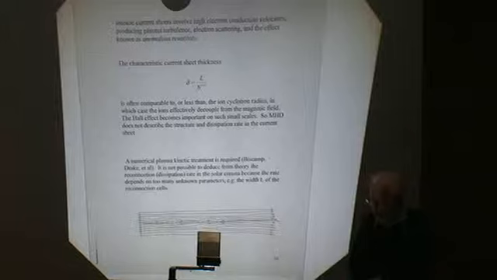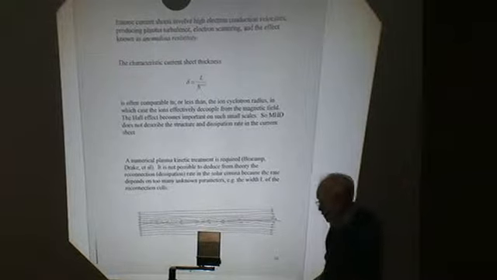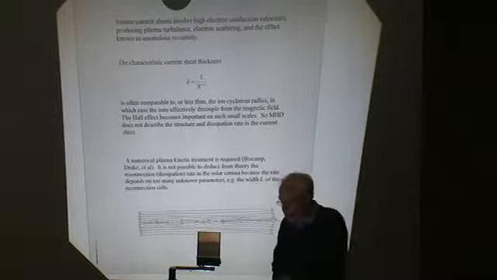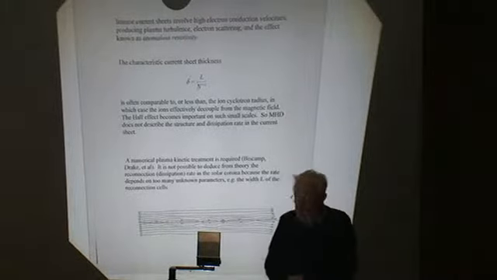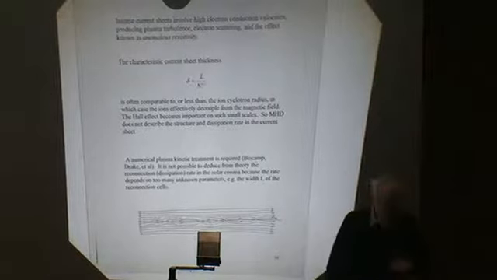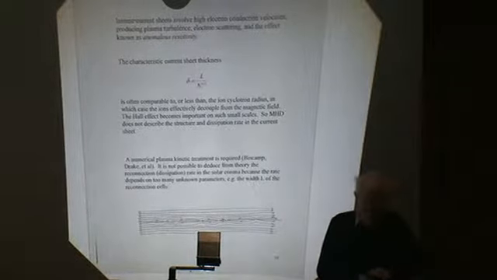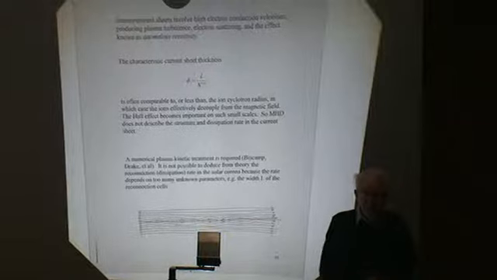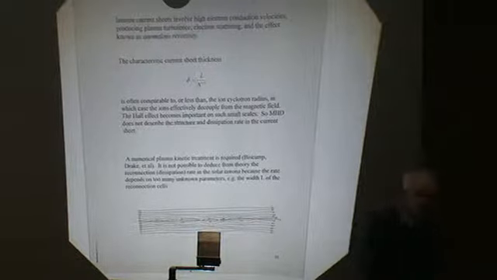And perhaps most important of all, and I think I can say most astrophysical settings, the Lundquist number is so large that the thickness of the current layer becomes comparable to or less than the ion cyclotron radius, for instance, and it's no longer legitimate to use MHD.